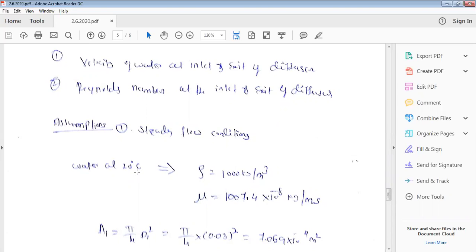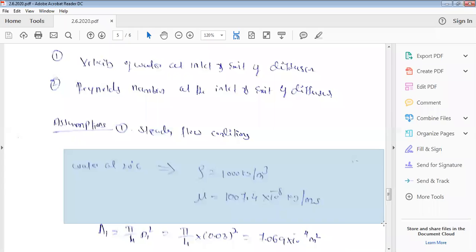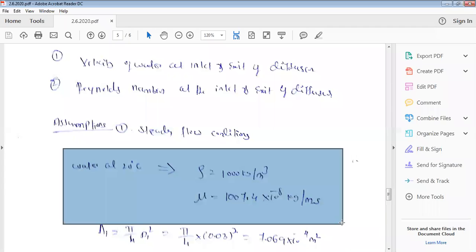In the table, for water at 20 degrees Celsius, the density is 1000 kg per meter cube, and the viscosity, this is mu, 1007.4 into 10 raised to minus 8 kg per meter second. This much of the parameters I am going to take from your data handbook.